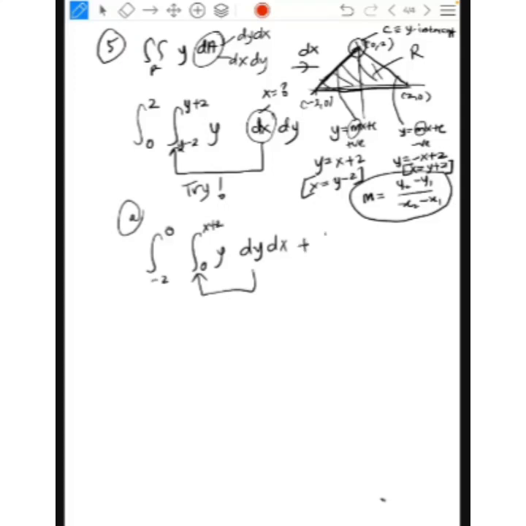But then you have to plus the right part, which is y from 0 until y equals to negative x plus 2 now, but then x is from 0 to 2. So two different integrations. Answer must be the same lah. You buat yang atas ke, you buat yang bawah ke, the answer must be the same, because it calculates exactly the same region.